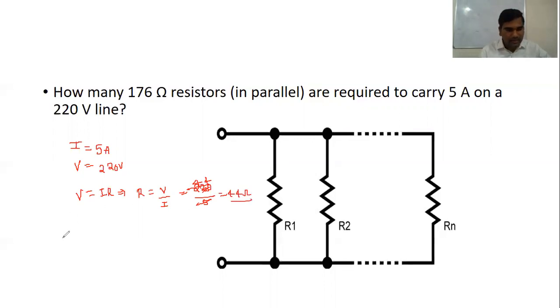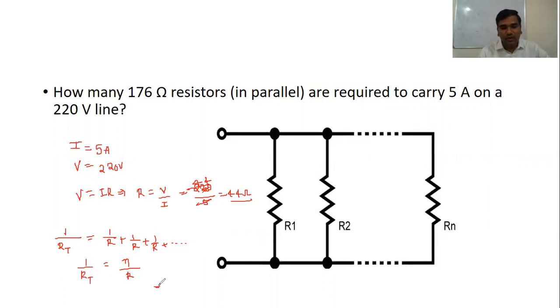They are all connected in parallel, so 1 by RT is needed. For equal resistors connected in parallel, we have 1 by R plus 1 by R plus 1 by R, and so on, for n number of resistors in parallel. This can be written as n by R, because the denominator is the same and the numerator is the number of resistors, which is equal to 1 by the total resistance.